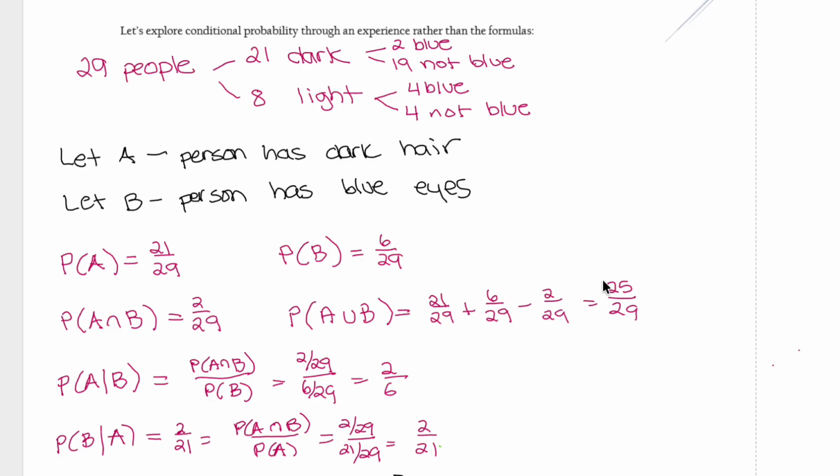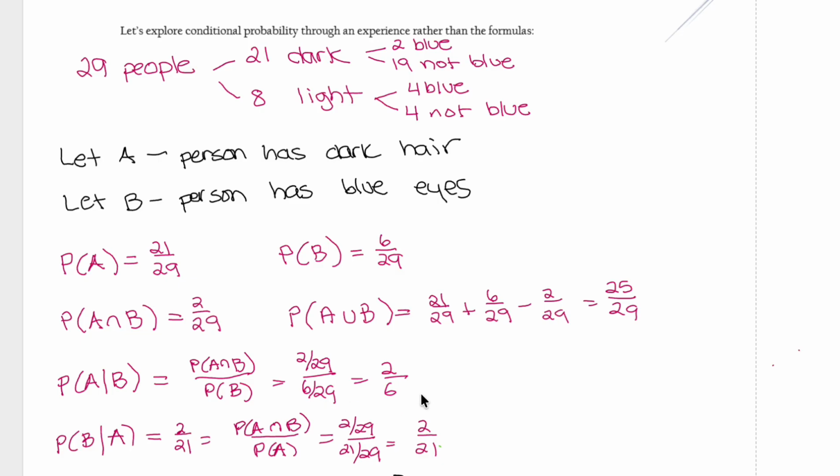The probability of A given B is the probability that a person has dark hair given the person has blue eyes. There are 6 people who have blue eyes, and out of those 6 people, 2 have dark hair. Therefore, we use 2 over 6. The formal way of writing this is 2 over 29 divided by 6 over 29, but because the denominator will cancel at the end, we just use 2 over 6.